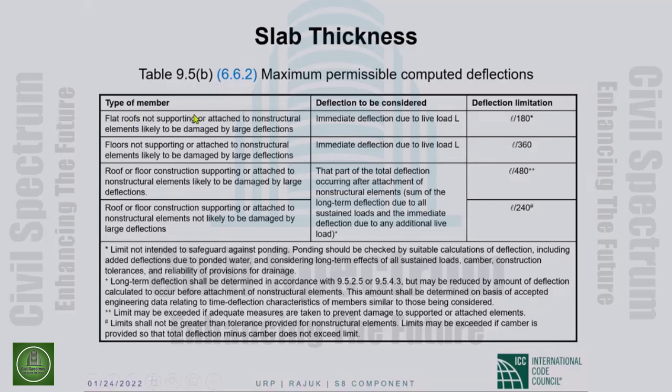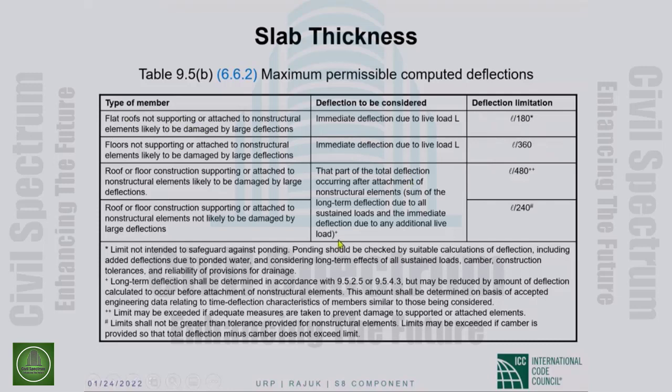I probably said it backwards. So when damage to non-structural elements is not likely, then the deflection limit is more liberal. If damage to non-structural elements is likely, then the limit is tighter.